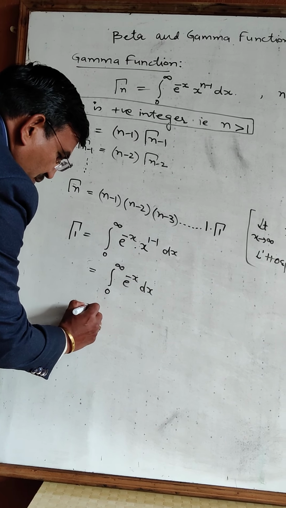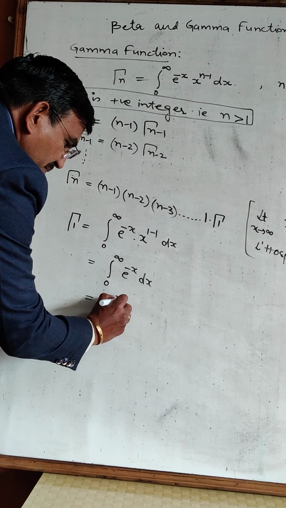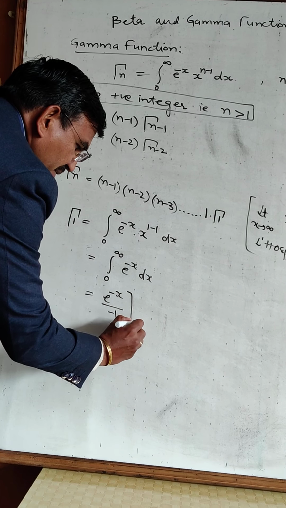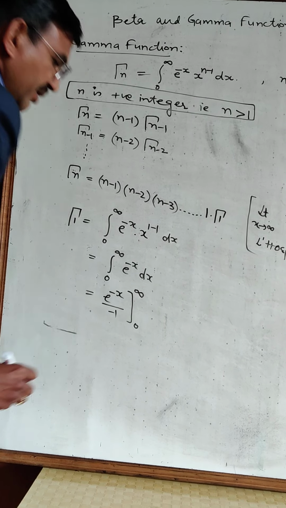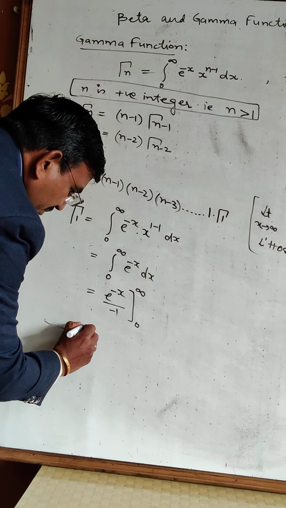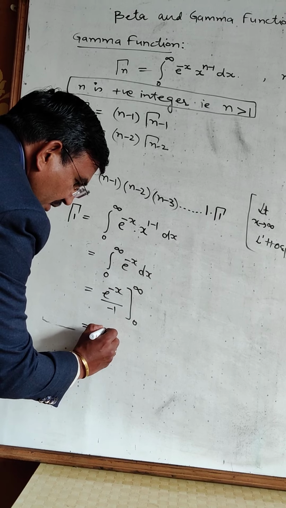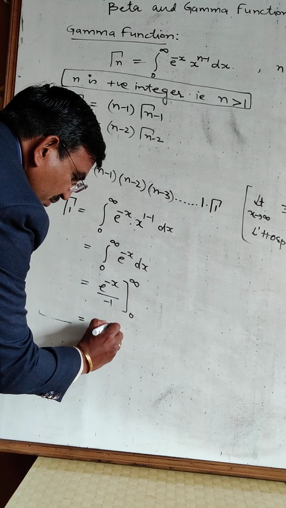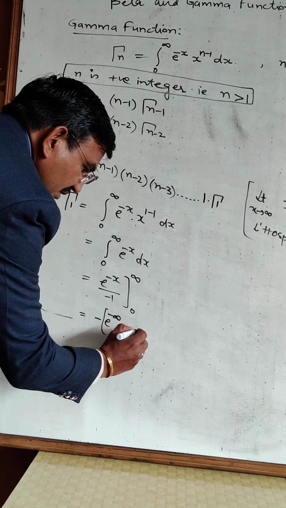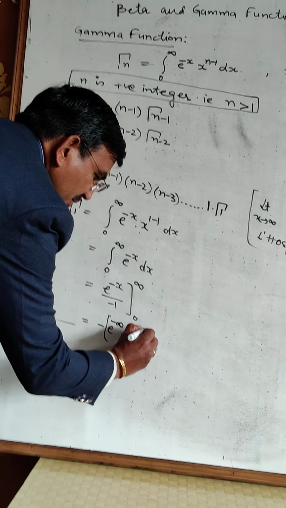Its integration would be e raised to the power minus x over minus 1 with the limits 0 to infinity, and it will be equal to minus e raised to the power minus infinity minus e raised to the power 0.